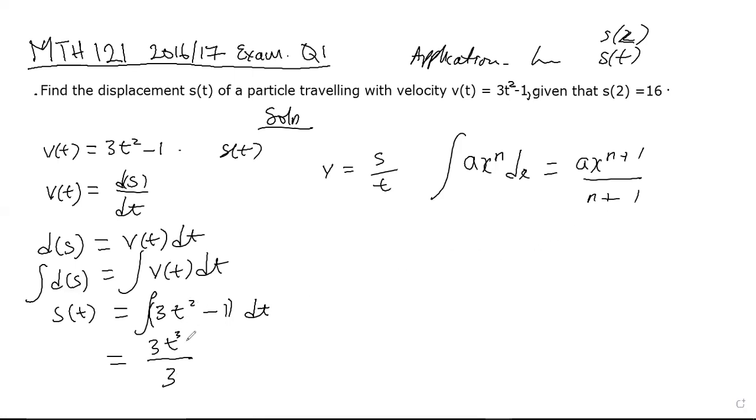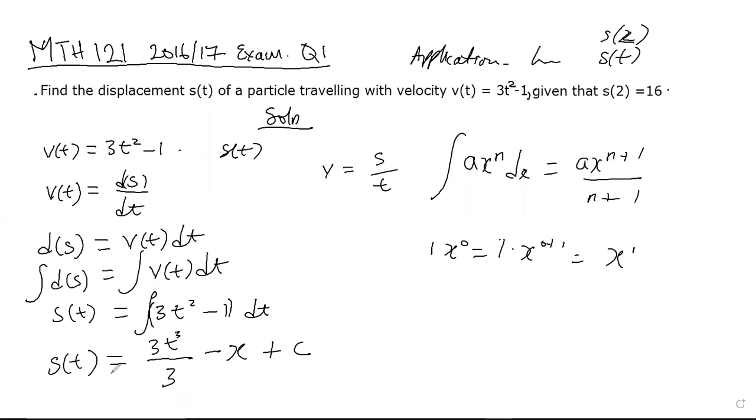Minus, if you integrate this 1 here, that 1 is like 1 times x raised to the power of 0, and anything raised to the power of 0 is 1. So adding 1 to the power gives x raised to 1, which is x. Now plus your constant of integration. So now we have an expression for s of t.